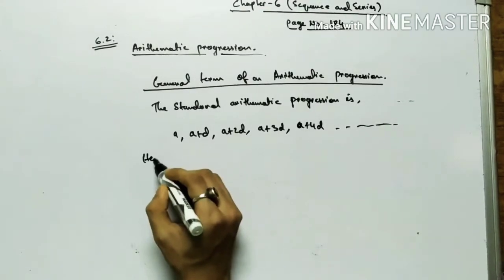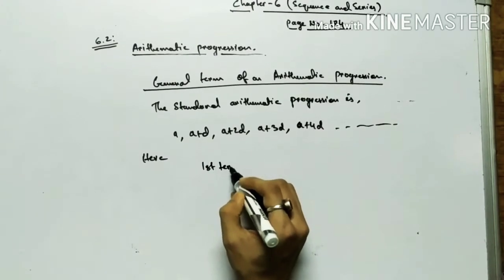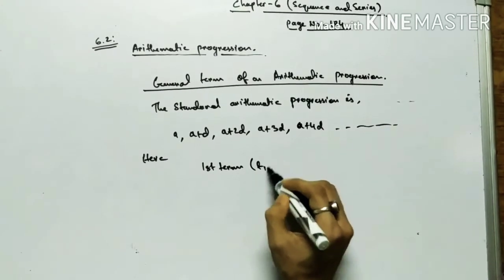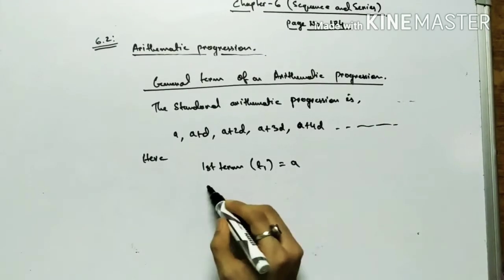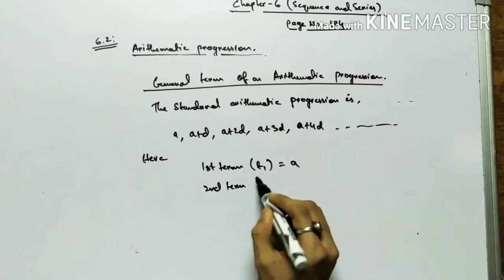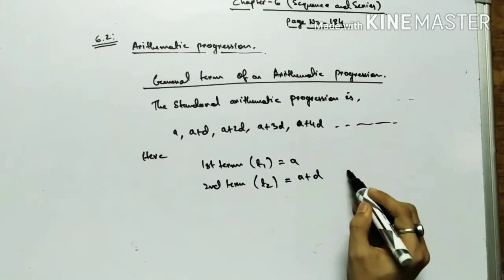So here in this sequence you see the first term, which I can take as t1, is equal to a. The second term, t2, is equal to a plus d.